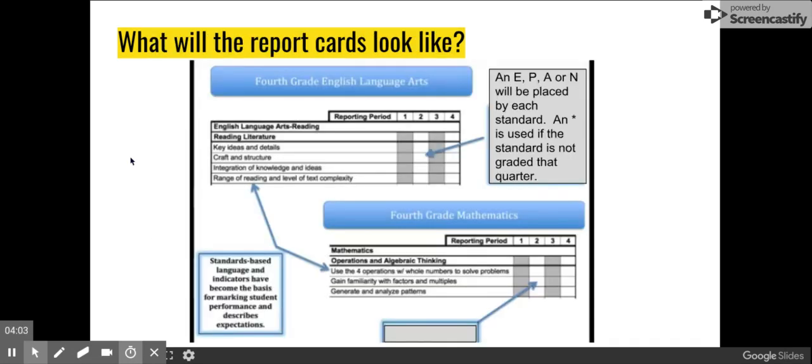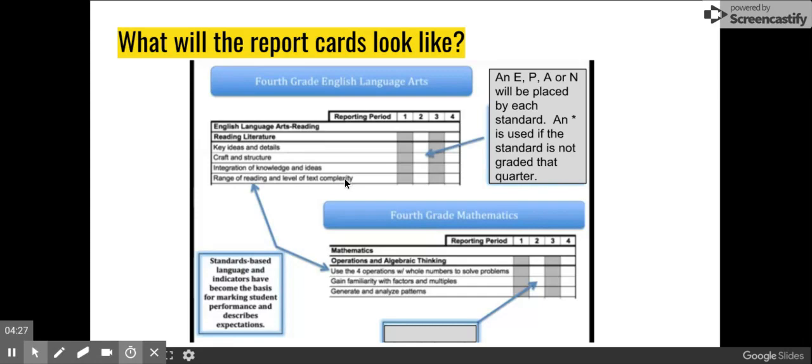Well, here's a sample. Instead of only grades for math, reading, science, and social studies, we're giving grades to each of the major standards in each subject. We're going to be using the grades E, P, A, or N, or in the first half of the year, you may see an asterisk, meaning that the teacher has not yet assessed on the standard.